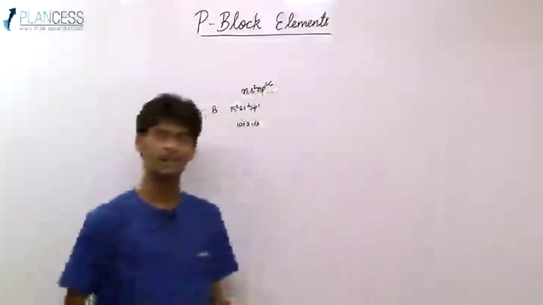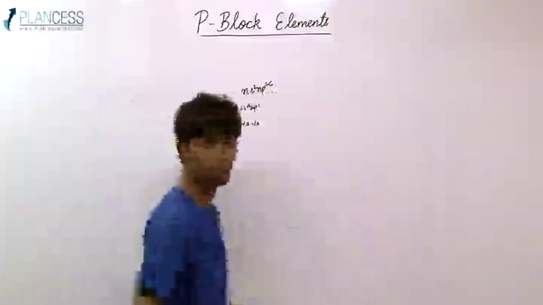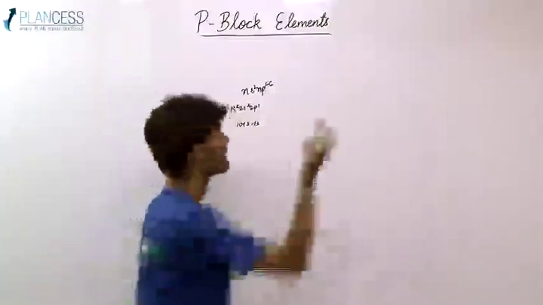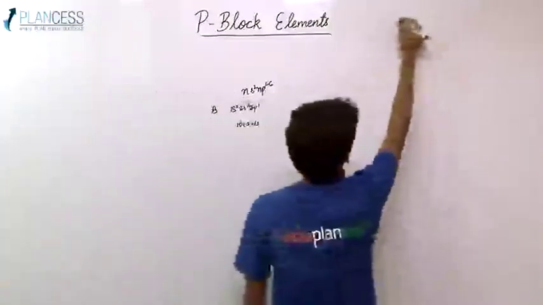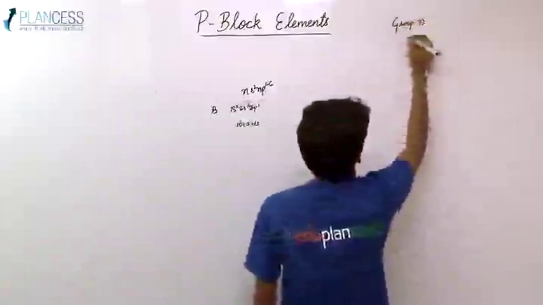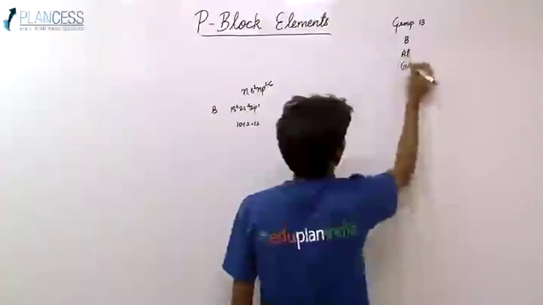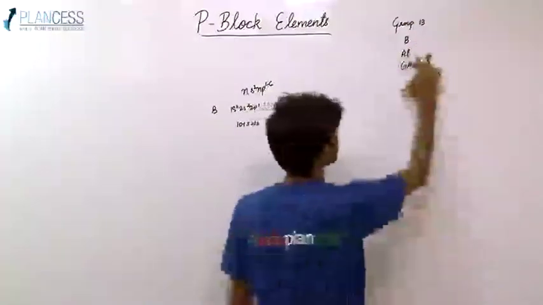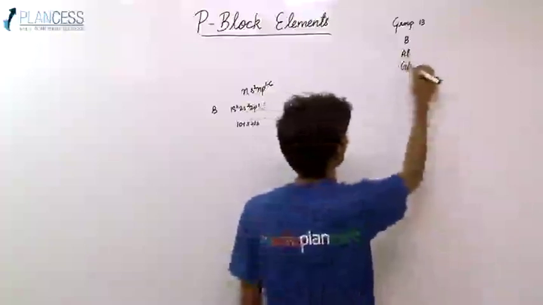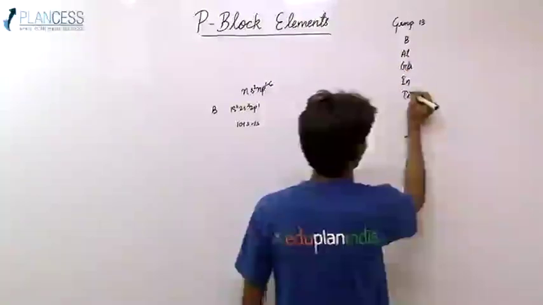So let's start with the first group, that is group 13, the boron family. Before starting the boron family, I will just write its elements. Group 13, that is Bal Jayanti: boron, aluminium, gallium, indium and thallium.